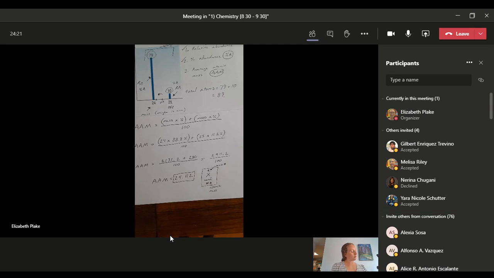So take a look at your periodic table. Try to find an atomic mass that is closest to this 24.112 that we calculated. And I'm going to look too because I have not worked this problem out ahead of time. I'm kind of curious. We are looking for 24.112.